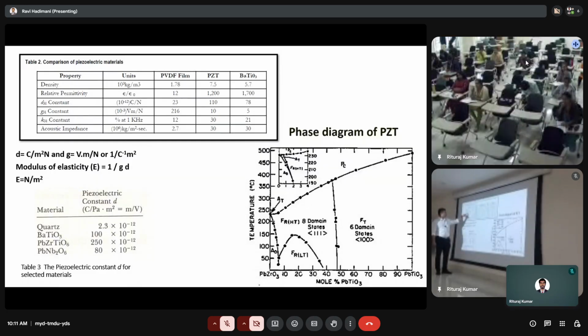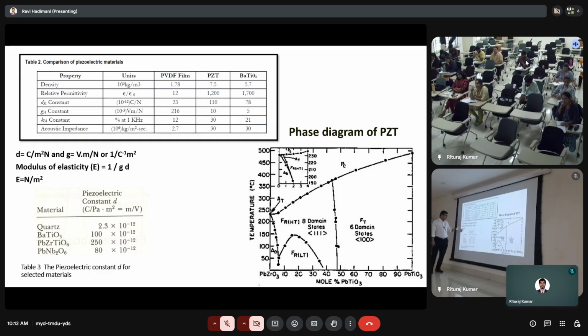We will ignore this, but let's just use the D31 constant as a parameter that quantifies the piezoelectric effect. D33 or D31 constant is what we normally use to see whether a piezoelectric material has strong piezoelectricity or not.